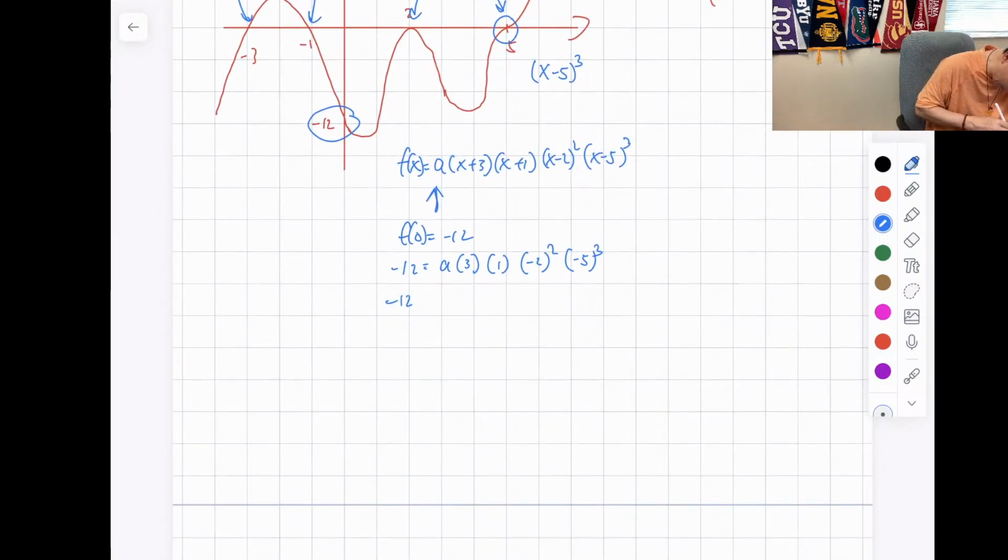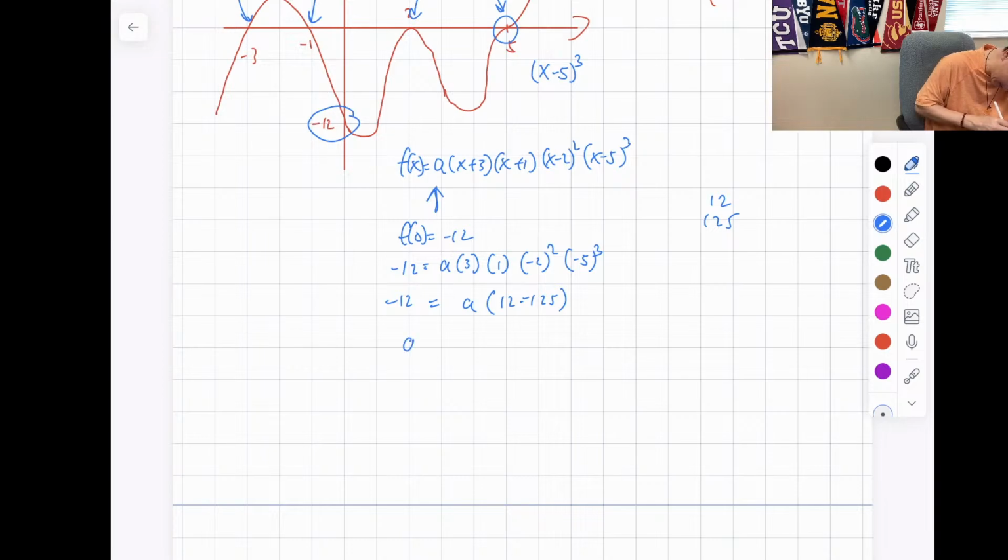So negative 12 equals a times 3 times 4, which is 12, times 125. So it'll be 12 times 125. Is that okay? And I think it's negative, right?